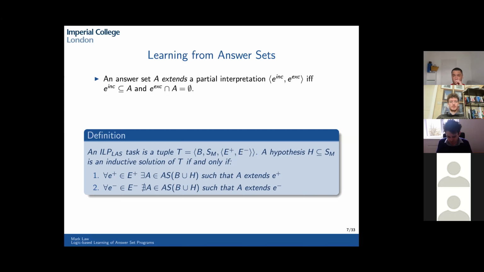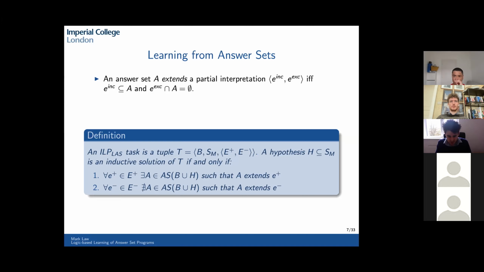So for this learning framework, it's normal rules, choice rules, and hard constraints. I'll get on to learning weak constraints later. And then two sets of examples called the positive and the negative examples. Each of these examples is a partial interpretation, as I described on the top of the slide.